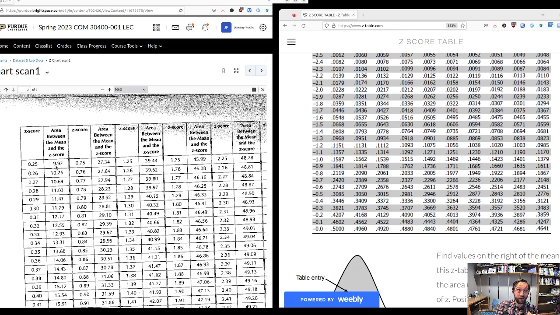In order to get there, we have to subtract that from 50. So in other words, instead of going to the right and adding 9.87 to 50, so we would get 58.7% is to the left, we have to take that 50% and subtract our 9.87, and then we end up getting 40.13%.